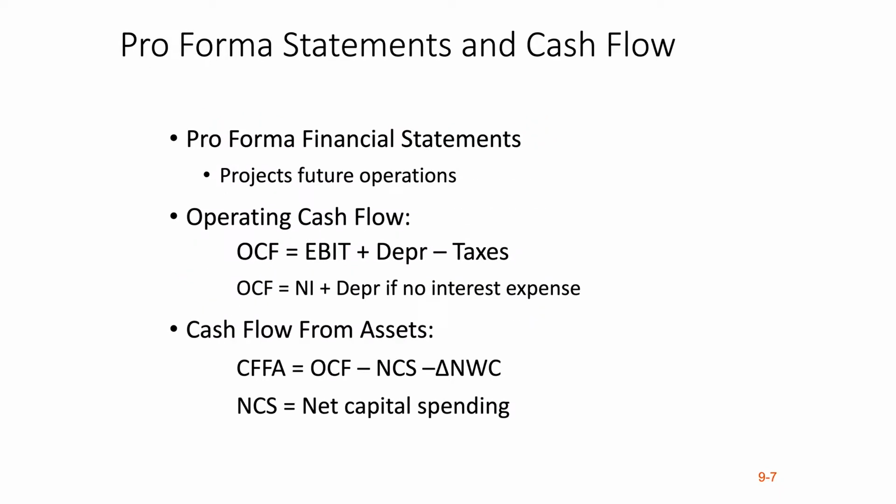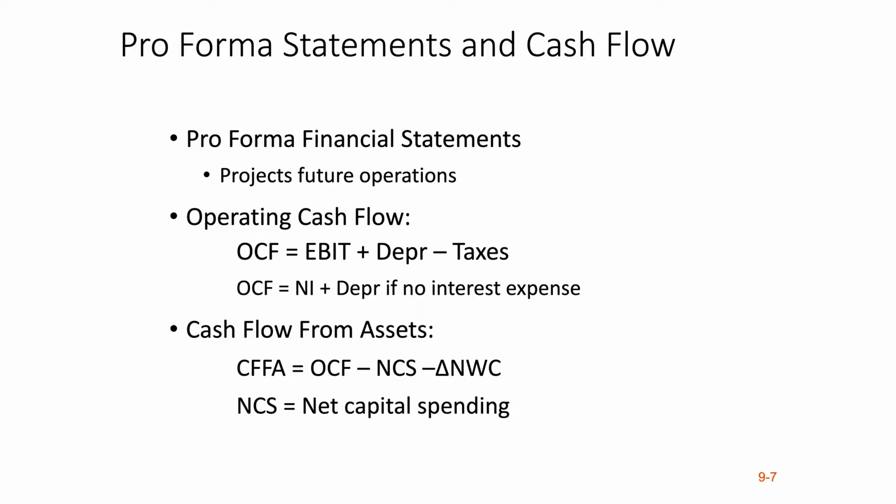The first step to prepare a capital budget is to prepare a pro forma statement. A pro forma financial statement is projected future cash flow operations. So we need to look at the operating cash flow.